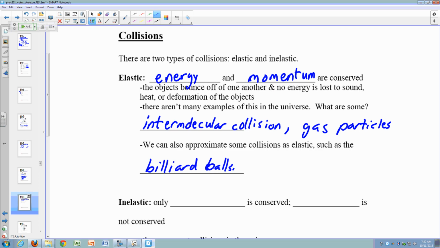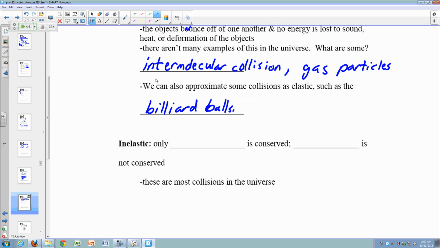They emit sound, but so little energy goes into sound that it's a negligible part of their energy, and they don't really heat up that much either. So billiard balls colliding, because they're so hard, are pretty good elastic collisions, and you can treat those fairly well as elastic. And there's also not much friction, because rolling friction is very low, so you don't lose a lot of energy in friction. All right, so in elastic collisions, energy and momentum are conserved.